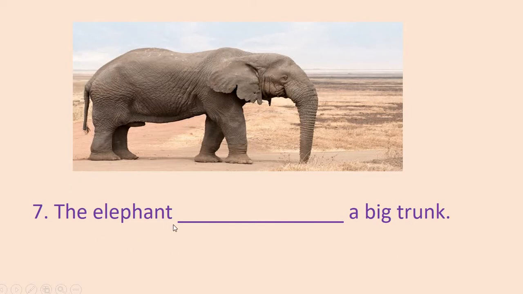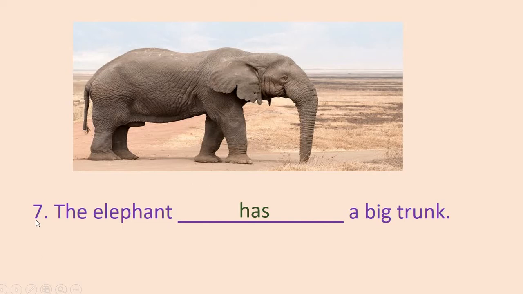Elephant is an animal. So what will come here? The elephant is an animal. It is one animal only. So the elephant has a big trunk. The elephant has a big trunk. Okay? Have you understood this?